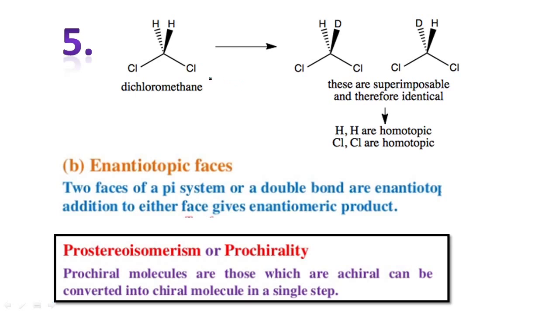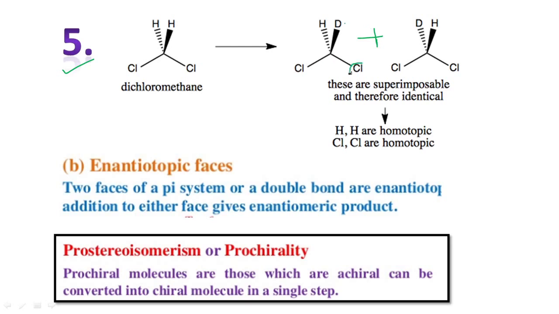Now you can see dichloromethane. We are going through the example again. This is one more example. As you can see, when we substitute by D, we get products that are basically the same, because you can keep D out of plane or in plane, but the product remains the same.